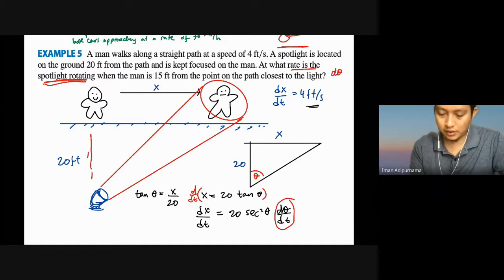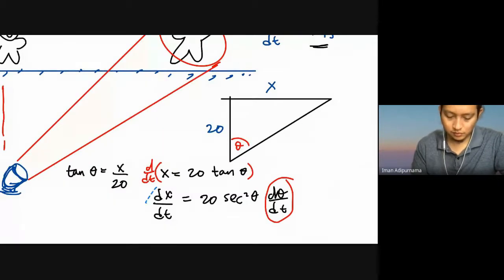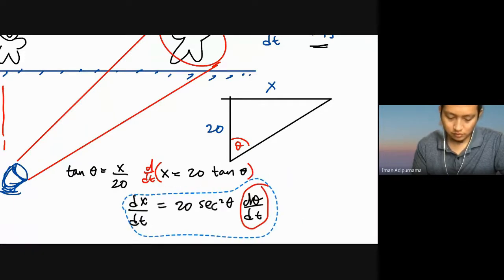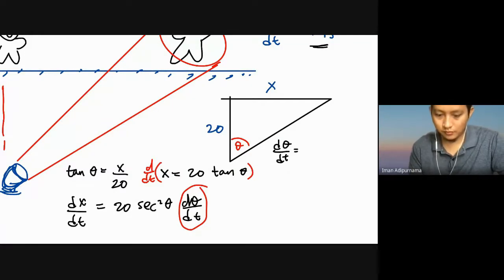Moving things over, we get d theta/dt is 1 over 20, and then cos squared theta, since 1 over secant becomes cosine, times dx/dt.